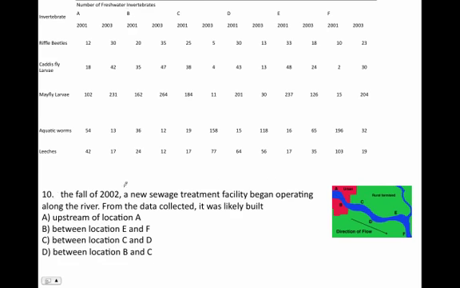In the fall of 2002, a new sewage treatment facility began operating along the river. From the data collected, where was it likely built? This is going to help treat the water to make it healthy, a sewage treatment plant. Where did they put it? Well, which site from one year to the next got a lot better? Which site from 2001 to 2003 got really healthy?